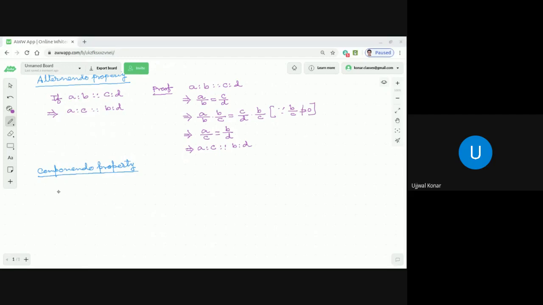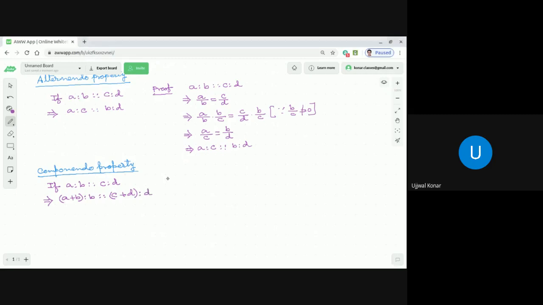What this componendo property says is, if A is to B, that proportion is equal to C is to D, then this implies A plus B is to B is equal to C plus D is to D.